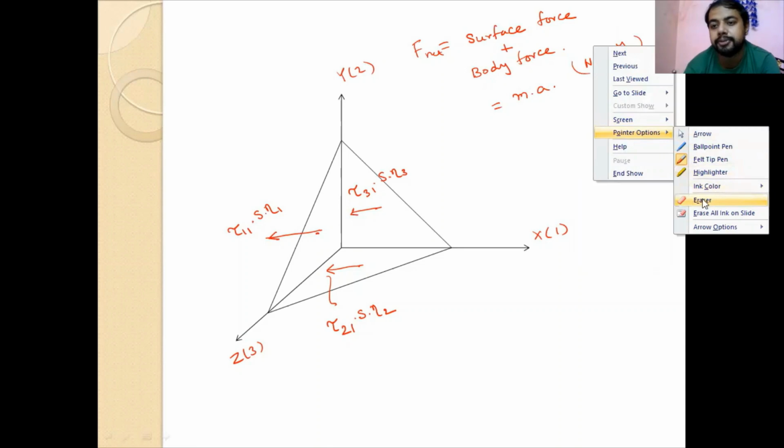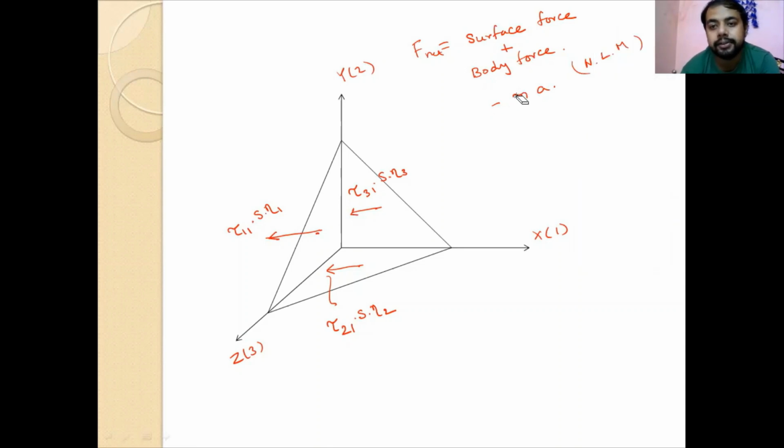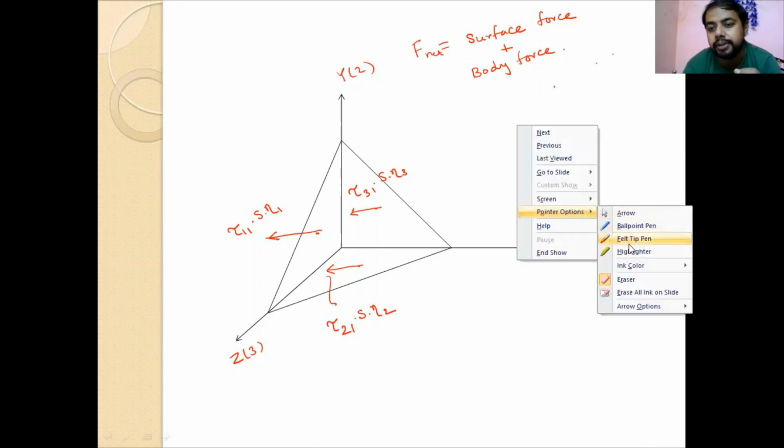So how many surface forces are there here? Along the x-axis, we are considering only one first; one by one we'll do it.